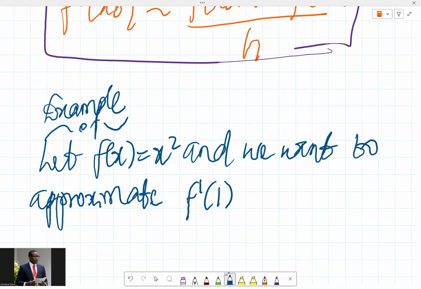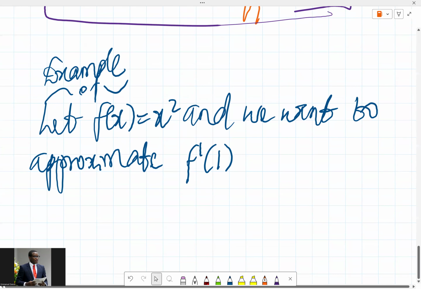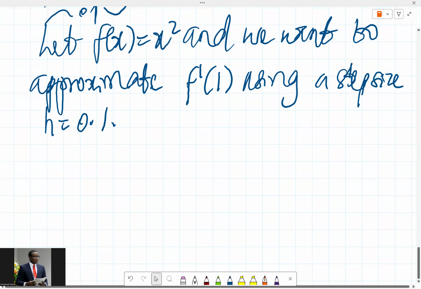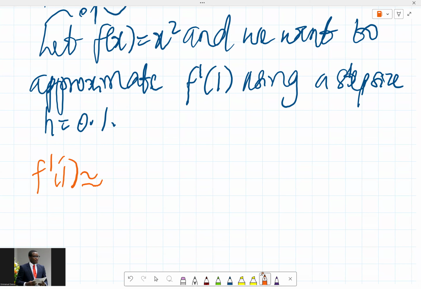If f of x is x squared, then f prime of x is 2x, so we know f prime of 1 should be 2. We want to approximate f prime of 1 using a step size h equals 0.1.